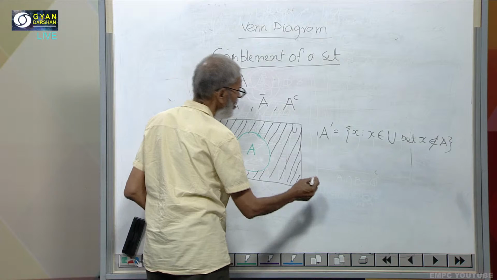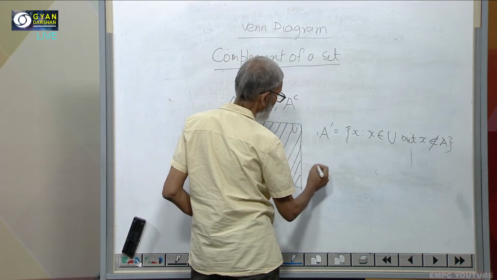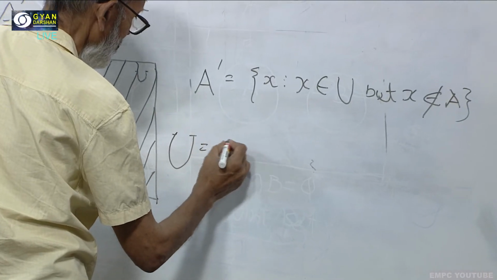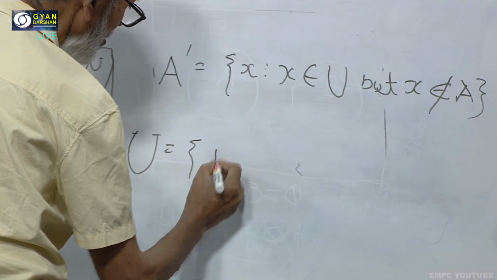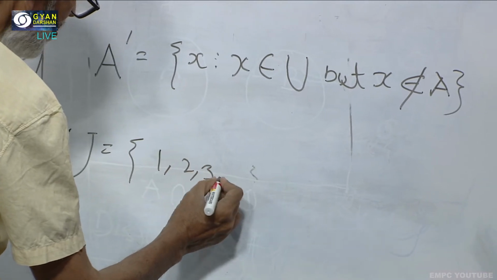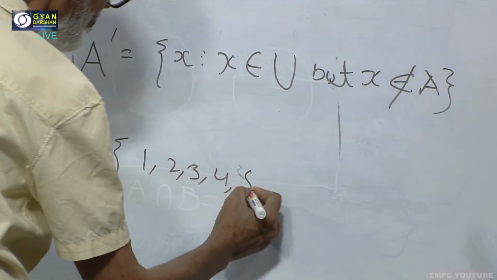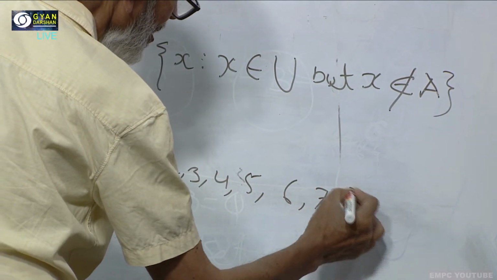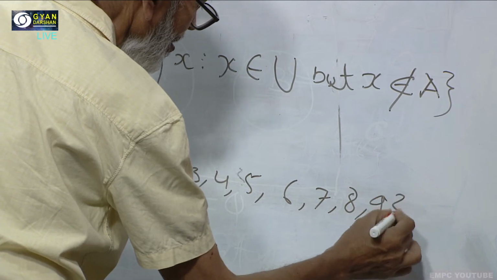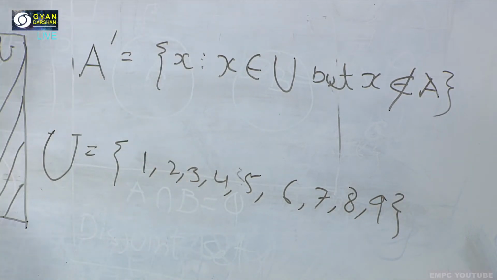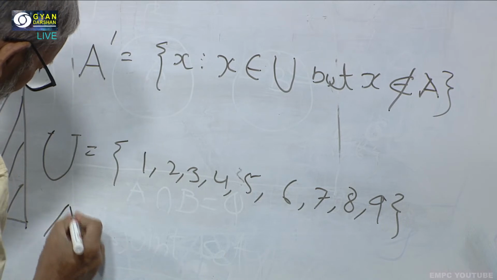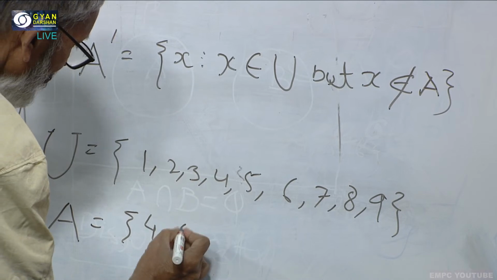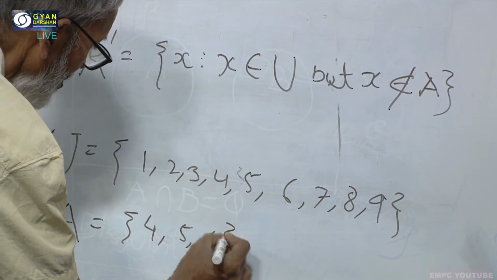So, let us take a simple example. Say the universal set is 1, 2, 3, 4, 5, 6, 7, 8, 9. This is the universal set. Now, set A is equal to 4, 5, 6, 3 elements are there.